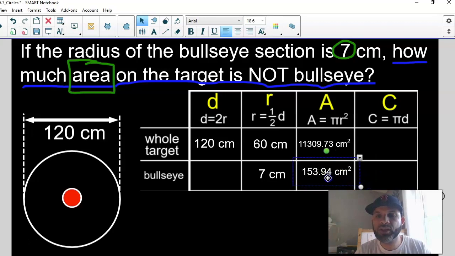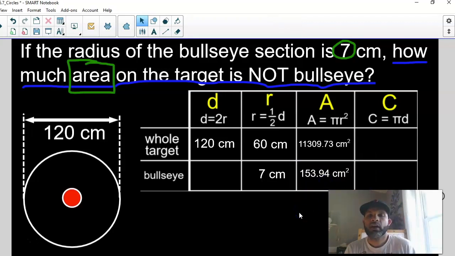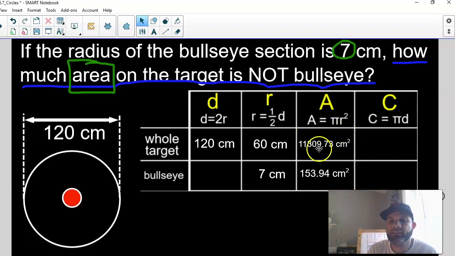All right, so now we know how much the area of the whole target is and how much of the area is the bullseye section. So the question is, how much area of the target is not bullseye? Well, if we know that the whole area is 11,309.73 square centimeters, and we know that this tiny little target is 153.94, well, the not would be all of the target minus the little bullseye.